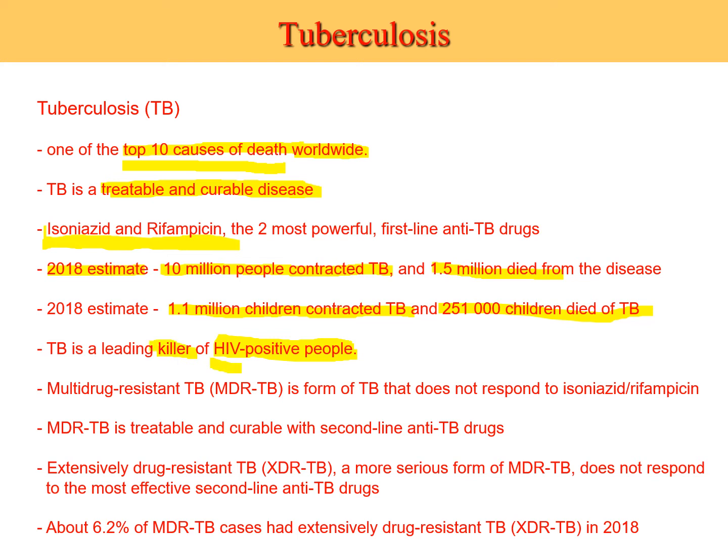Despite the fact that there are powerful anti-TB drugs available, there are now multi-drug resistant forms of the organism that don't respond to those treatments. Nevertheless, new treatments, second-line anti-TB drugs, have been developed, and so the disease, even if it is multi-drug resistant, is still treatable and curable.